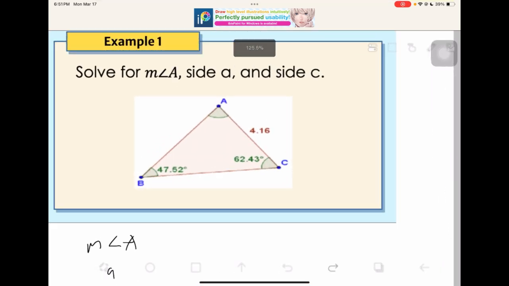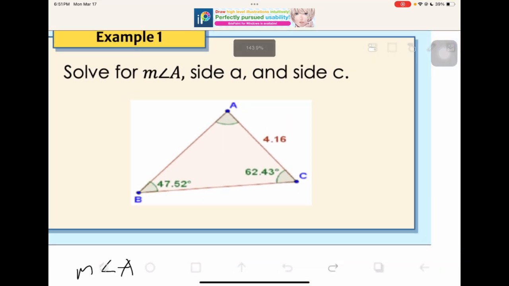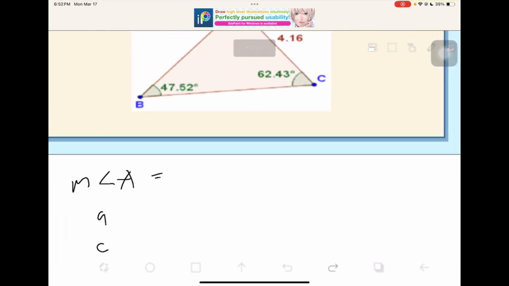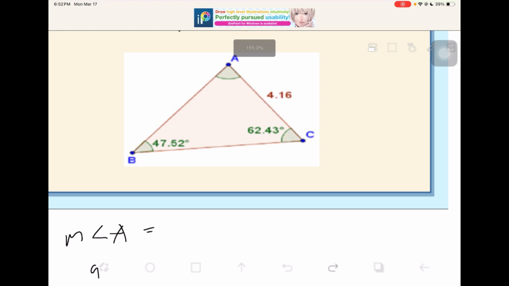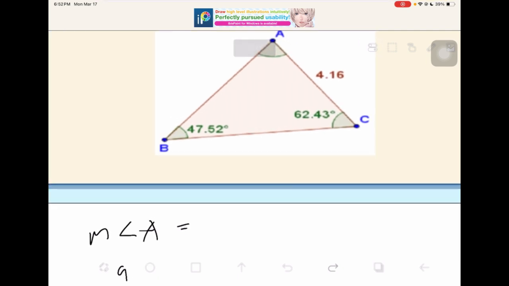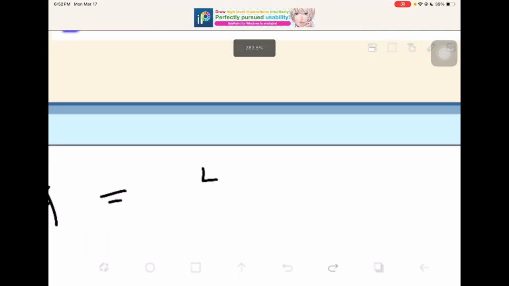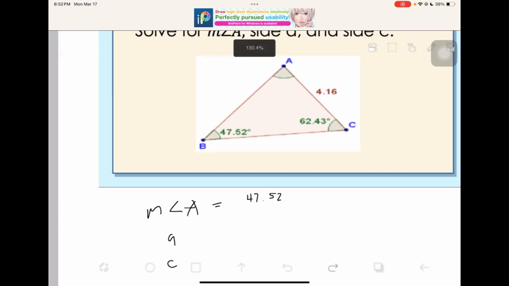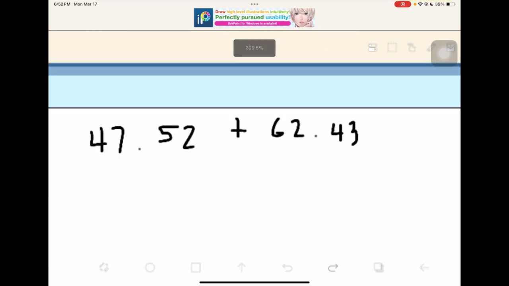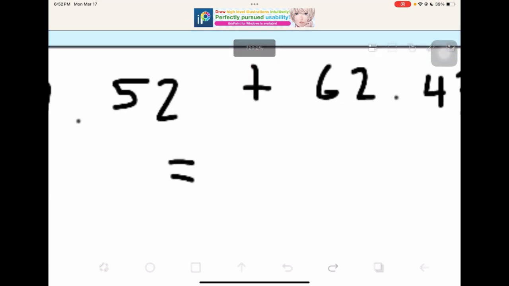First and foremost, let's easily knock off angle A. We know that this is a triangle, and we can use the property of a triangle that states that all three of these must add up to 180. So, knowing this, we know that 47.52 plus 62.43, let's put that in our calculator first. 47.52 plus 62.43 is equal to 109.95.